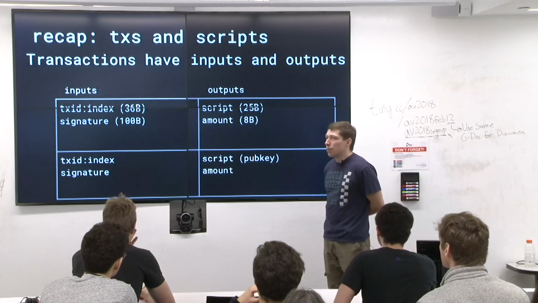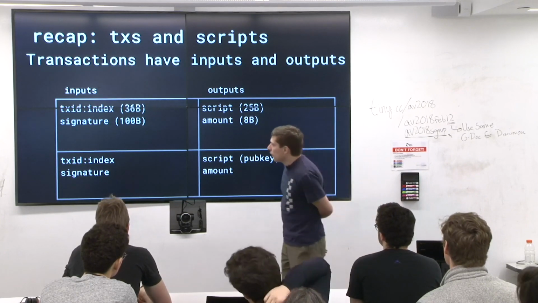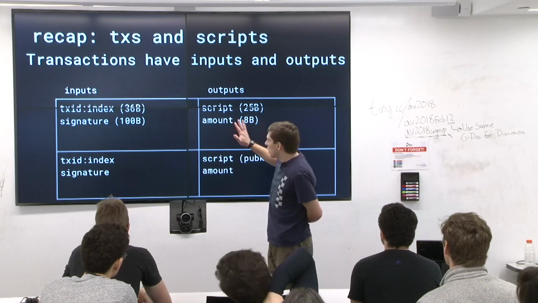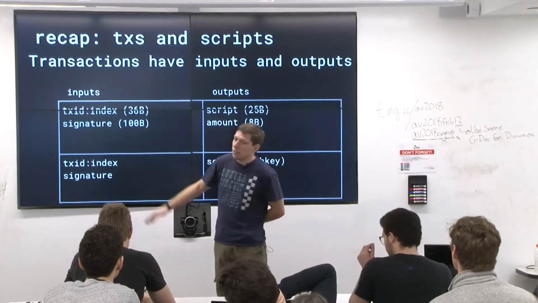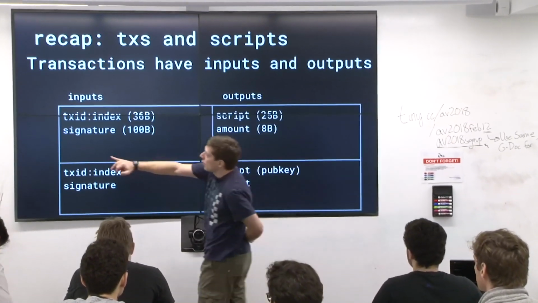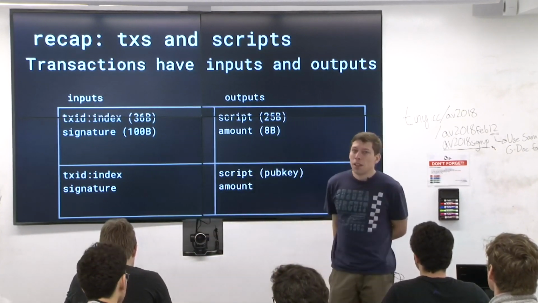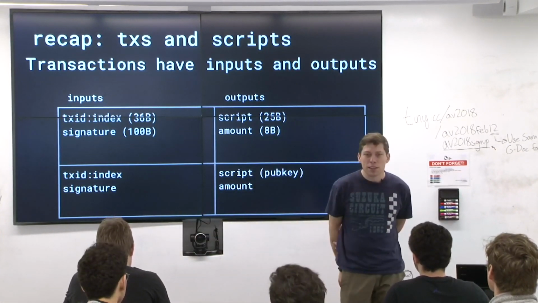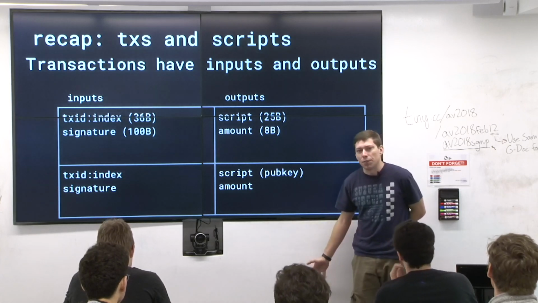Just to give some real-world numbers, this is how big things are, roughly. So a transaction ID and index, to point to a previous transaction. The transaction ID is 32 bytes. The index is encoded as a 4-byte, so 32-bit integer, which is kind of overkill because I think the most outputs there's ever been is like 1,000 or something.